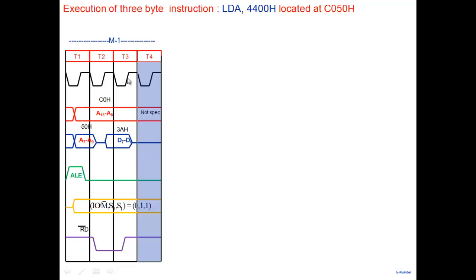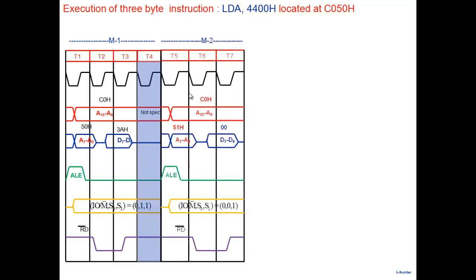Already the opcode has been fetched and we know it's an LDA instruction. So what do I need to do next? Read the address, right? Read this memory location, M2. I'm doing a read operation, and what do I get? 00. Then you read again to get 44.